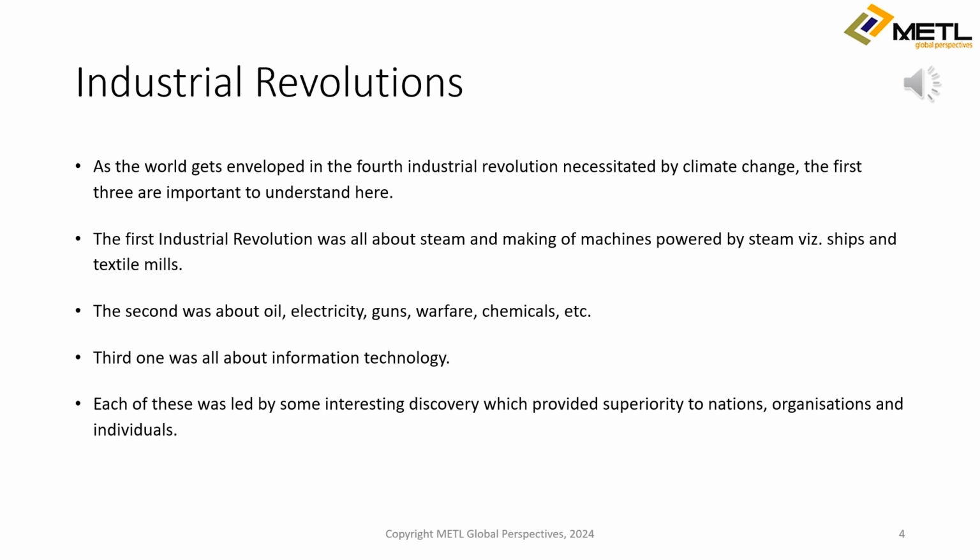The second was about oil, electricity, guns, warfare, chemicals. The third one was driven by information technology. Each of these was led by some interesting discovery which provided superiority to nations, organizations, and individuals. These in turn provided competitive advantage to everyone in that particular generation.